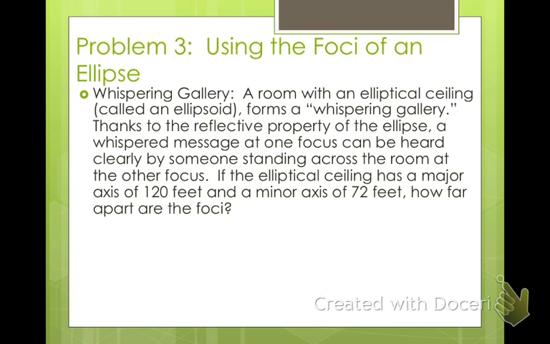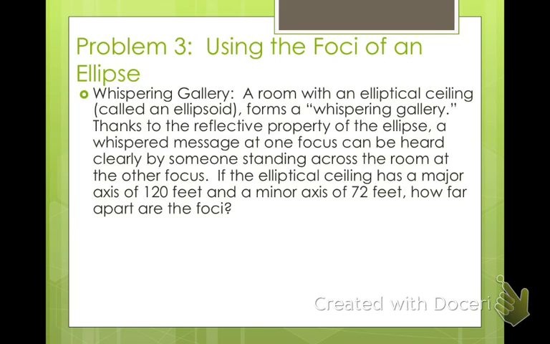Alright, in this one, we're talking about a room that has an elliptically shaped ceiling called an ellipsoid. Have you ever been to the Capitol building in Washington, D.C.? I went there when I was in college, and on their tour, they talk about one of the rooms where they used to have their main gathering, which has an elliptically shaped ceiling.